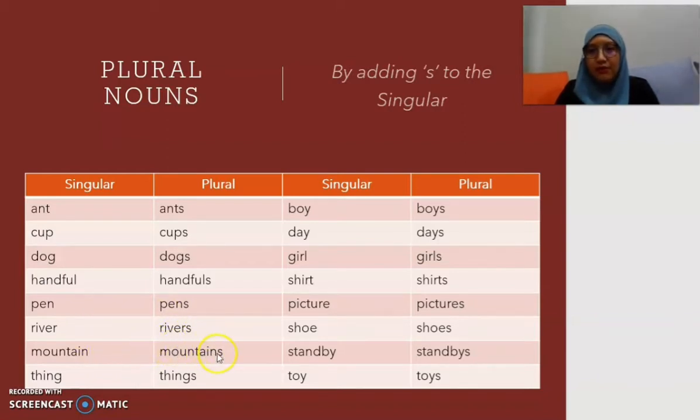Mountain, mountains. Thing, things. Boy, boys. Day, days. Girl, girls. Shirt, shirts. Picture, pictures. Shoe, shoes. Standby, standbys. And toy, toys.